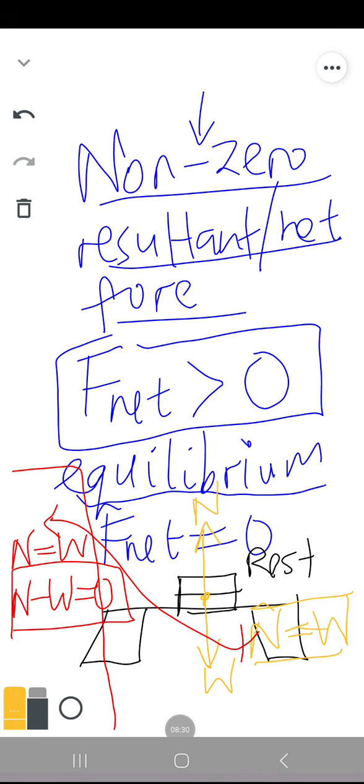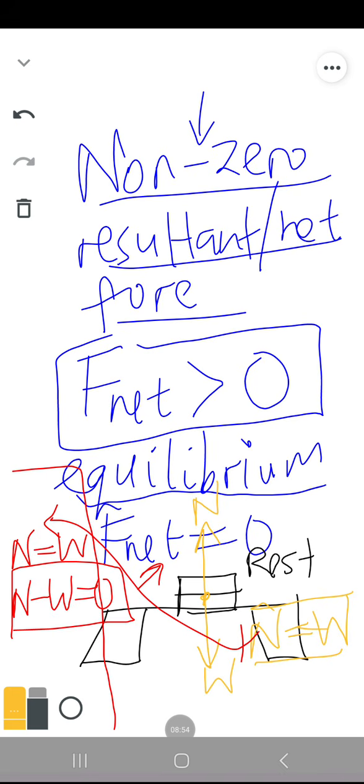So as I said, whenever your F net is 0, it's at equilibrium. If it's at equilibrium, we are applying Newton's first law. But here you see the definition says unless a non-zero force acts on it. So whenever your F net is not equal to 0, your object is no longer at equilibrium.